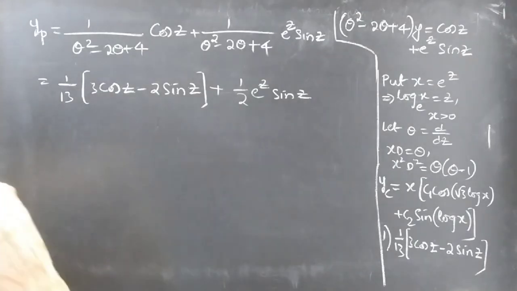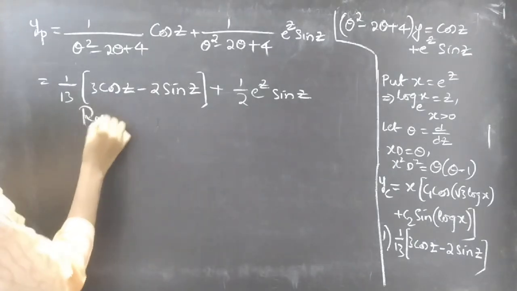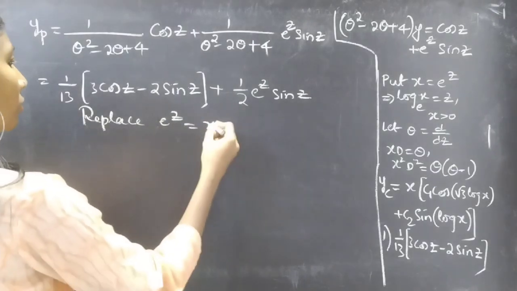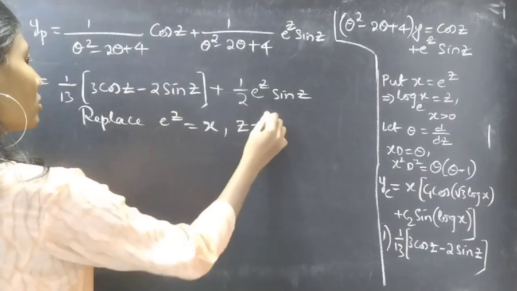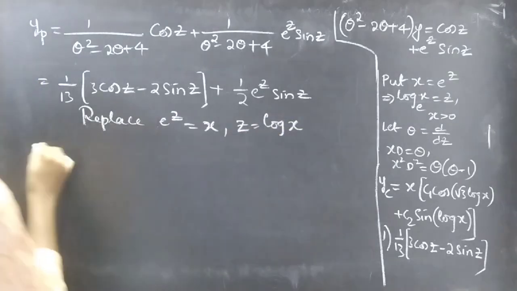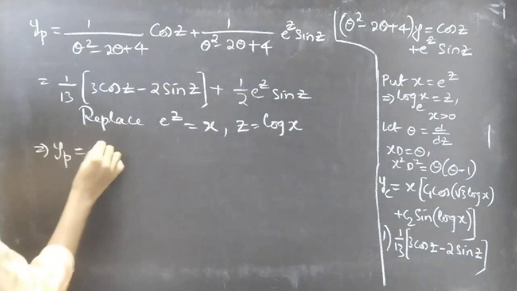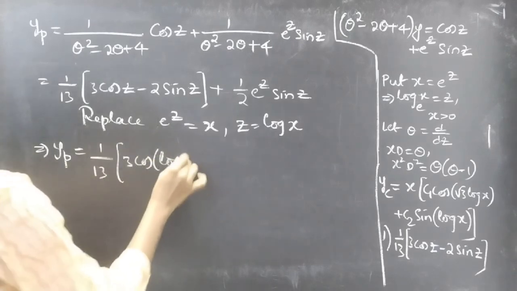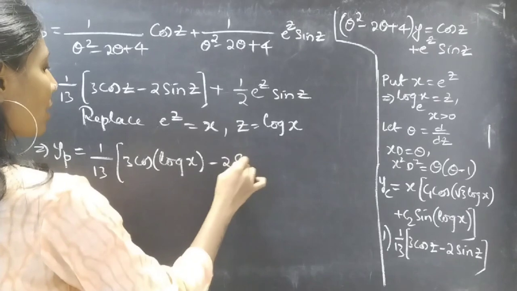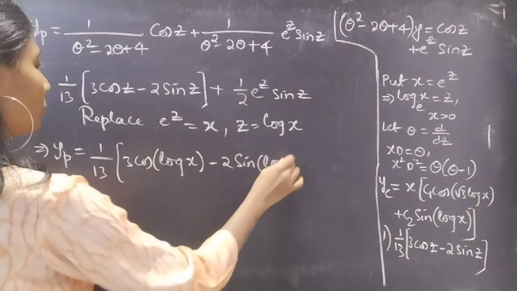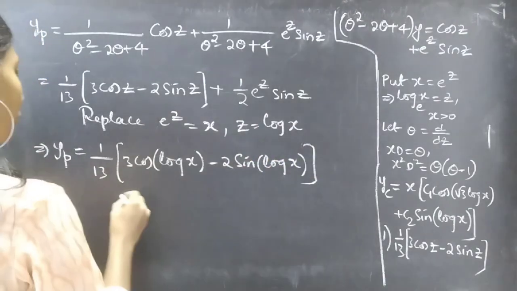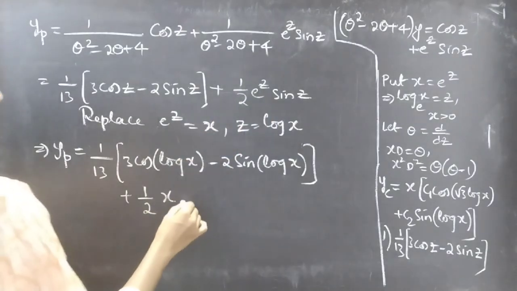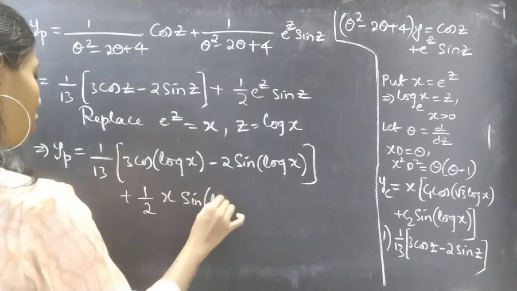So we'll just replace e power z by x and z by log x, then yp becomes 1 by 13 into 3 cos of log x minus 2 sine of log x, plus 1 by 2 into x, sine of log x.